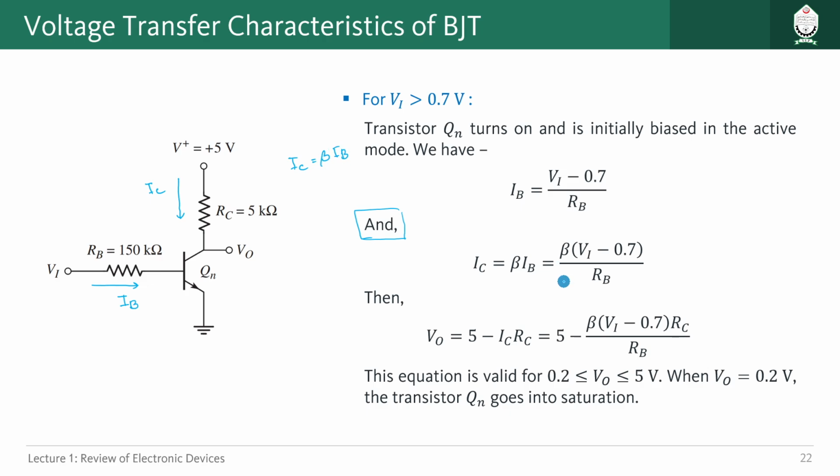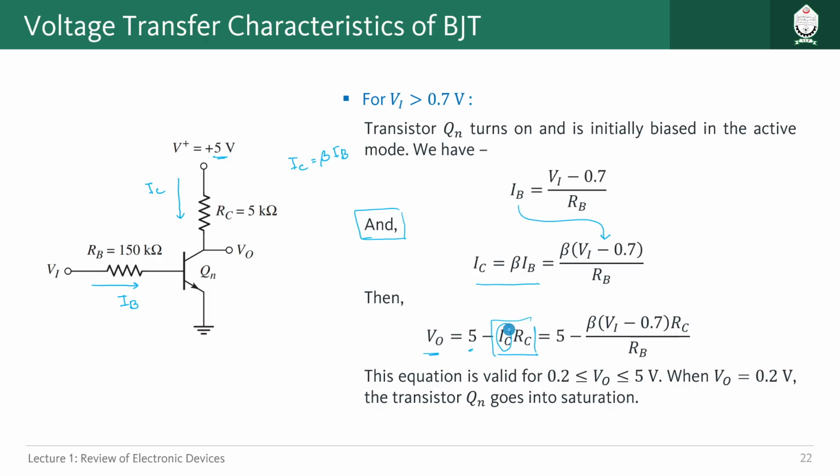Beta value is already given to us, right? So this is done here, and we have just replaced the IB value here. Beta is equal to 120, we know. And then finally we want to find the value of V naught. V naught should be equal to this voltage minus the voltage drop here, right? So V naught is equal to the supply voltage here minus this voltage drop, which is IC RC.